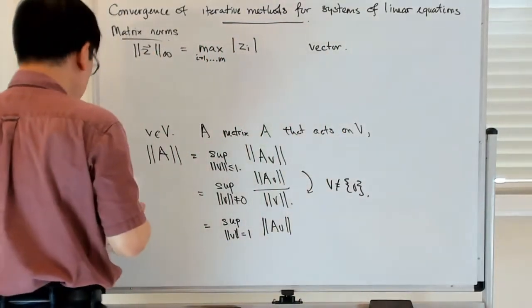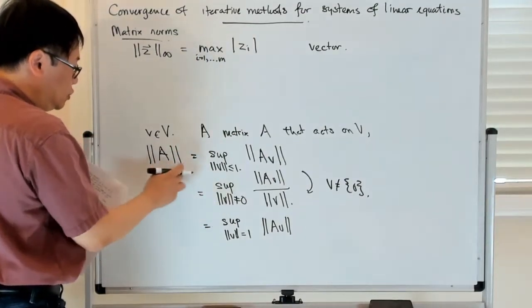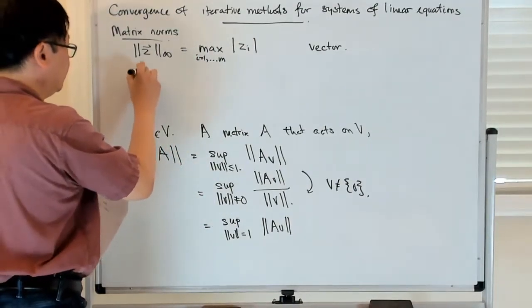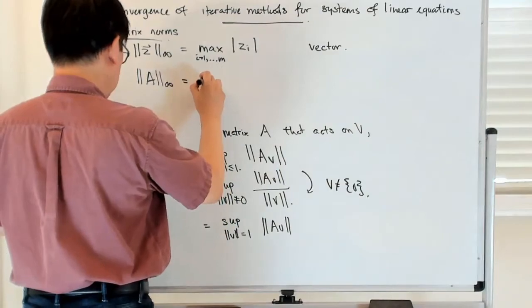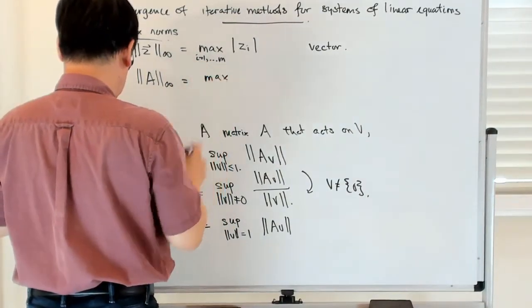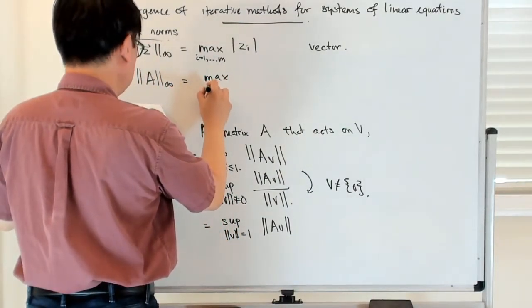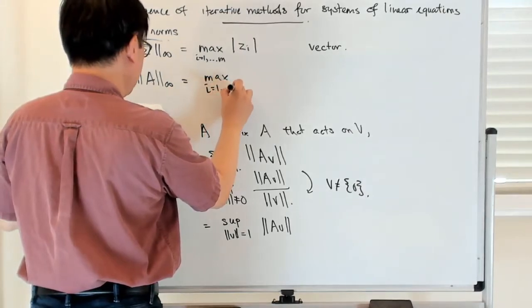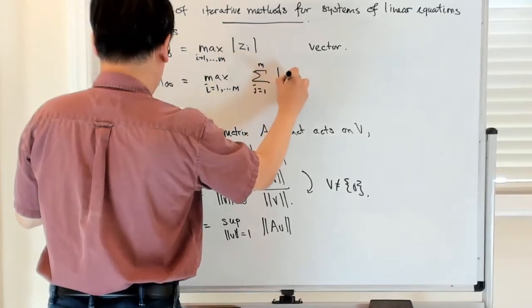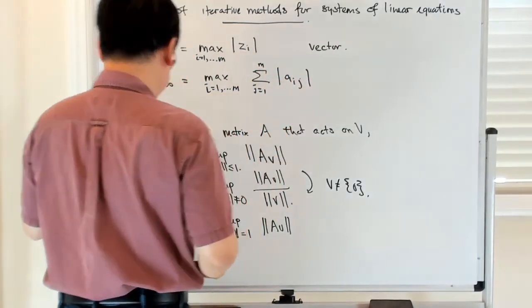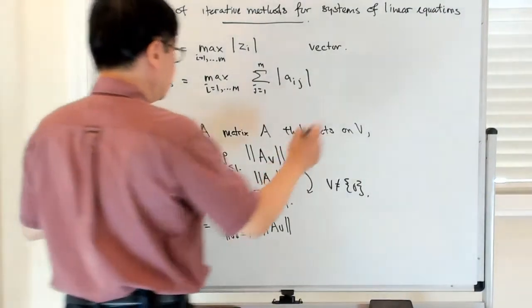And then you can check that given this infinity norm of the vector, the induced matrix norm which comes from that is just the maximum, again over i from 1 to m, of the sum from j equals 1 to m of the absolute values of a_ij. So this is a matrix norm.